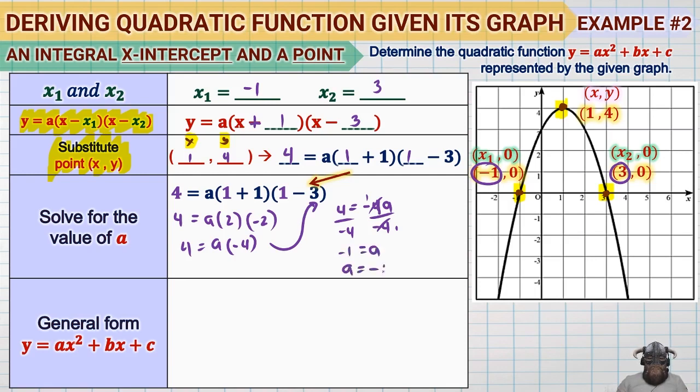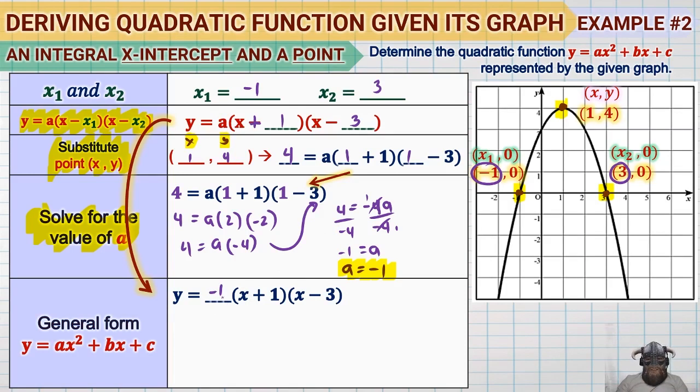So, pwede natin siya isulat na ganyan. Yan. In this case, alam natin na it's opening downward. Kaya nga negative 1 yung A natin. So as we continue, we'll try to use this value of A for us to get the general form. So lalagay lang natin ulit yung na-solve natin kanina. Yung A natin dito, papalitan na natin ngayon ng negative 1.